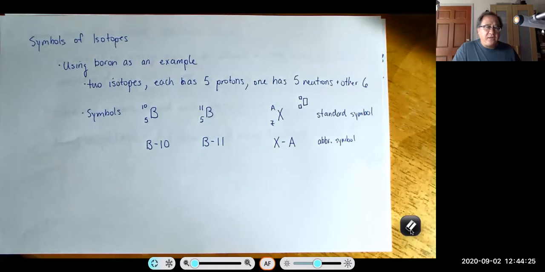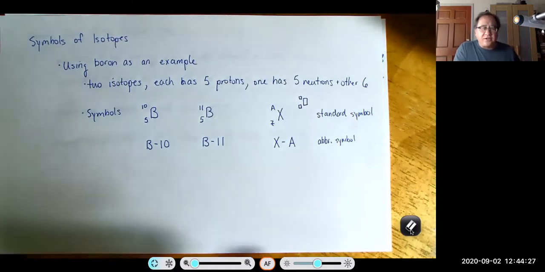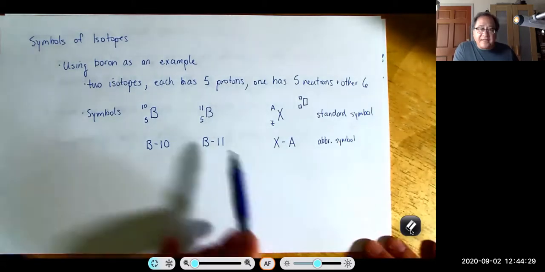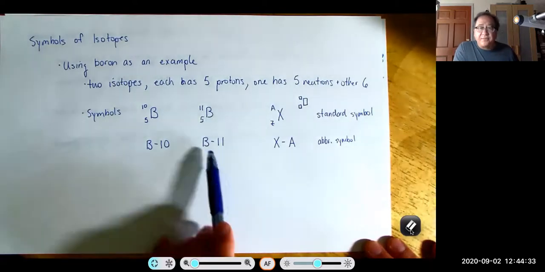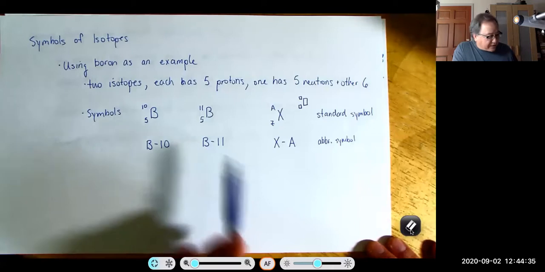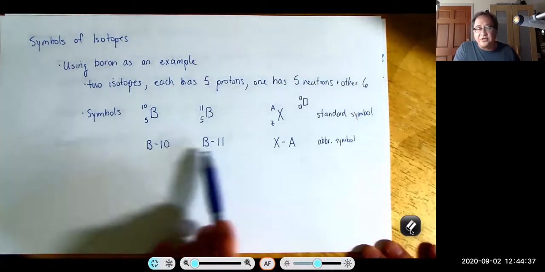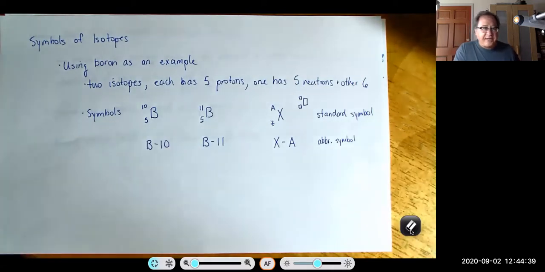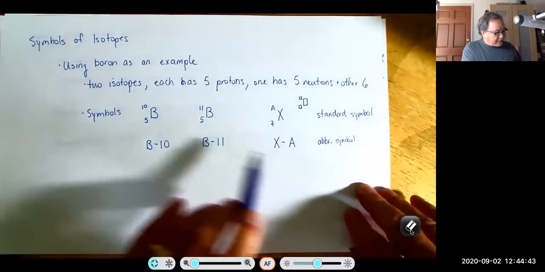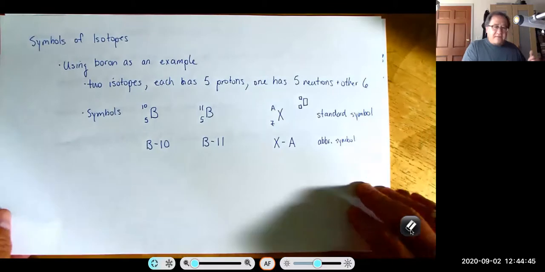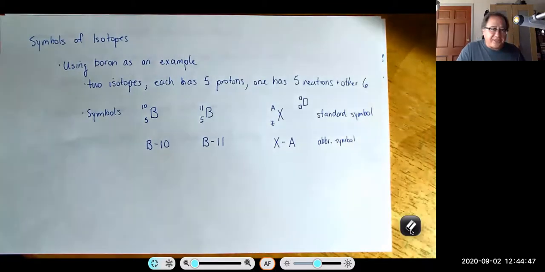So before computers were invented and you're writing textbooks, how do you write something like this so that people know what you're talking about? You simply write it in this abbreviated format. So this is like the pre-computer way of writing isotopes out, and it's still used today. All right, so these are the 2 isotopes of boron. Now, this is not a question that's in the book, but it's one I'm going to propose to you.